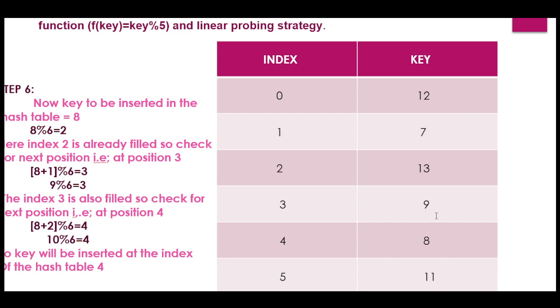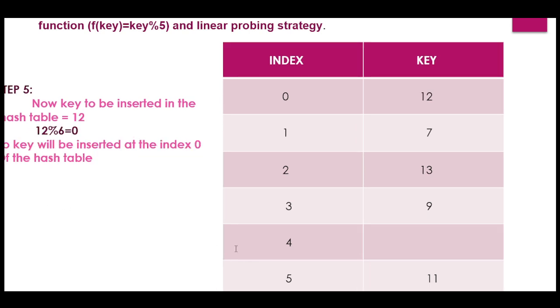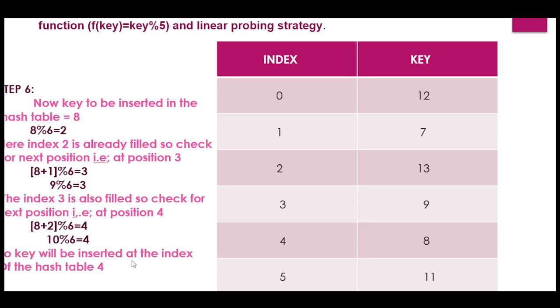In index 3, we have 9. 8 plus 2, where i is now 2, mod 6 is 4, since 10 mod 6 is 4. In the fourth index, there is no element. So 4 is empty, and the key will be inserted at index 4 of the hash table.